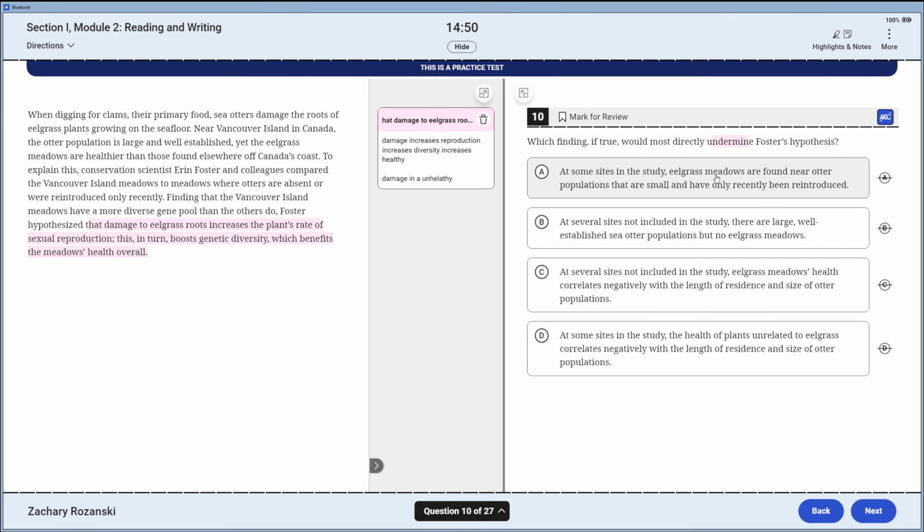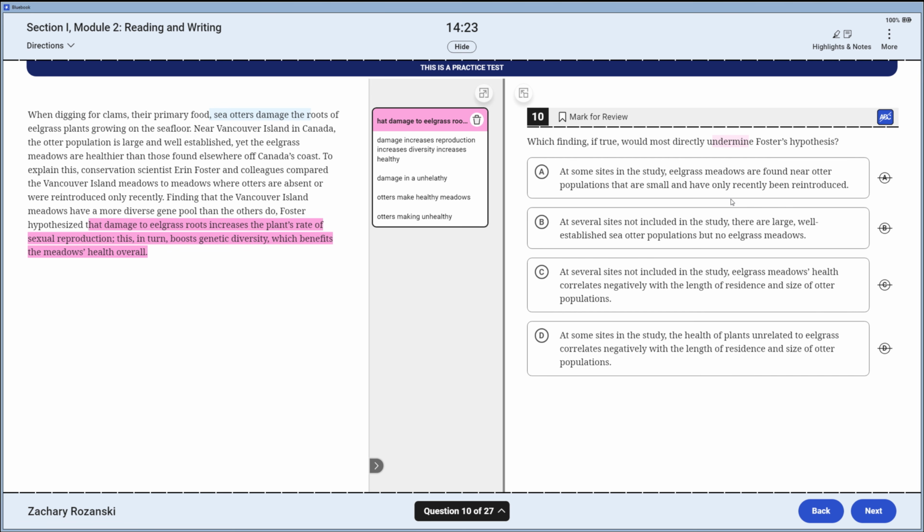At some sites in the meadow, eelgrass meadows are found near small otter populations. I see otters are in A and B. What do otters do? As they're digging, otters damage. So otter damage is unhealthy. So the original claim is that otters make healthy meadows, so we would want otters making unhealthy meadows is kind of what we're looking for.